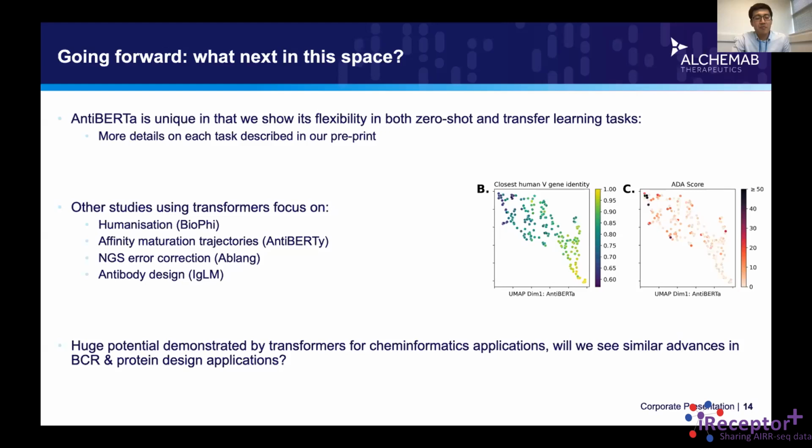Once you find a really sweet intersection, I think transformers can, no pun intended, be transformational in how this field evolves. Transformers have been much more commonplace in the small molecule universe, and I really do see similar advances happening in B-cell receptors and protein design as a whole.